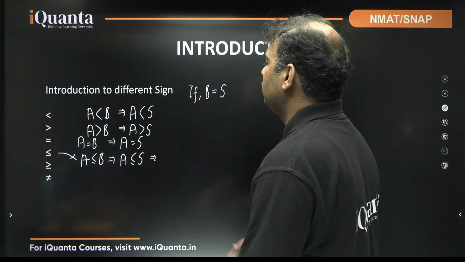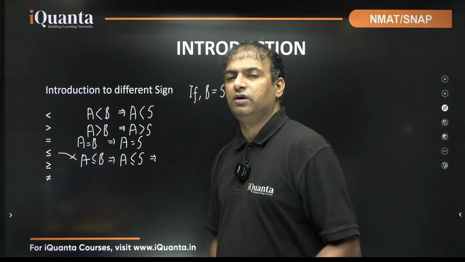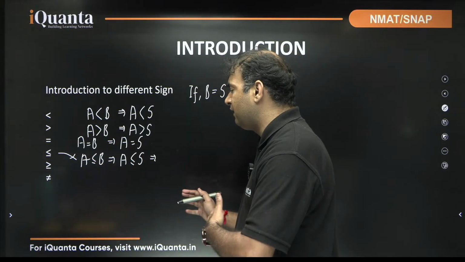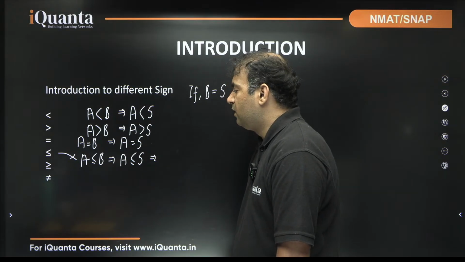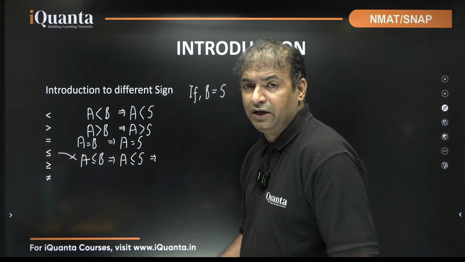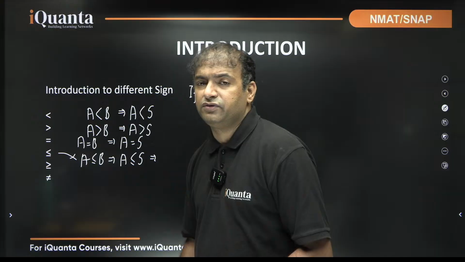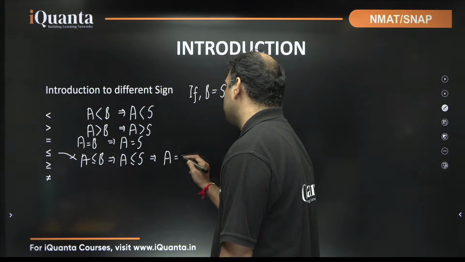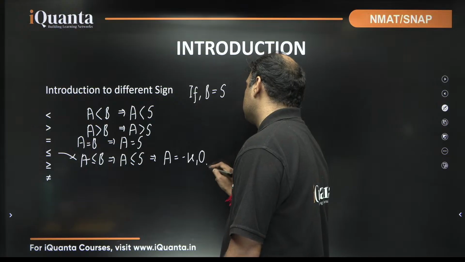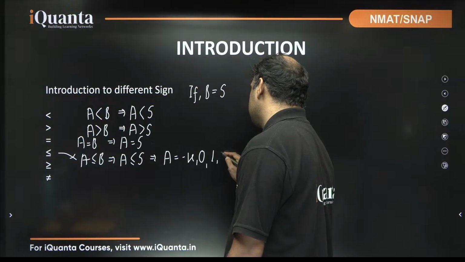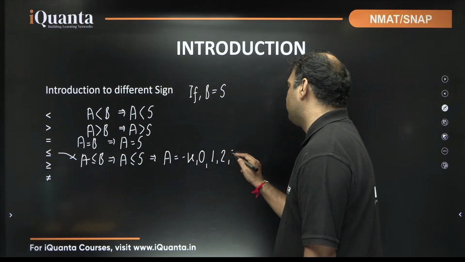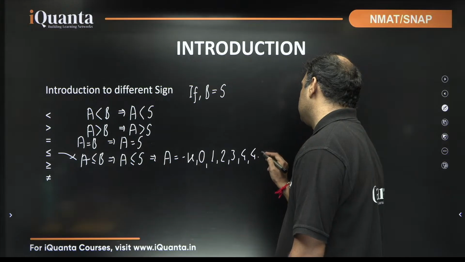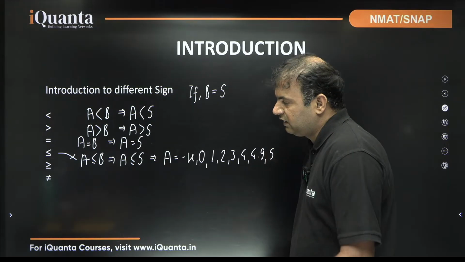The only condition here is that A should not be greater than 5. All the values of A are possible except those which are greater than 5. So A could be any number, in fact: negative, 0 and positives, but as I said, maximum up to 5. 4, 4.9 and 5 as well, but not more than 5.